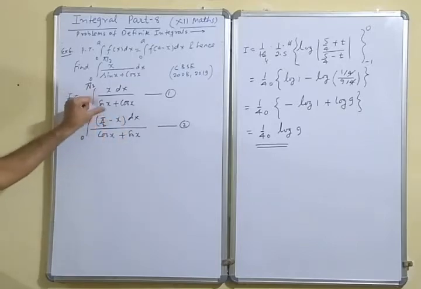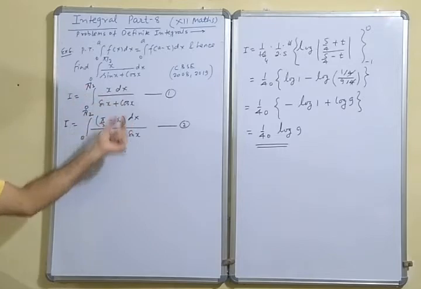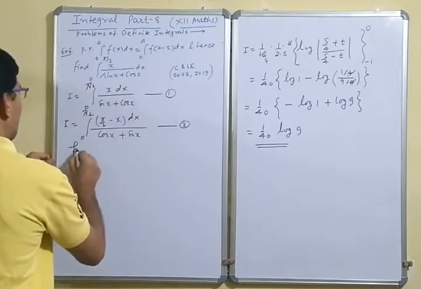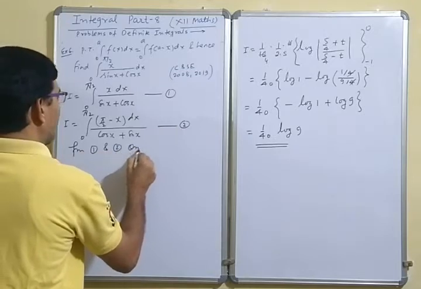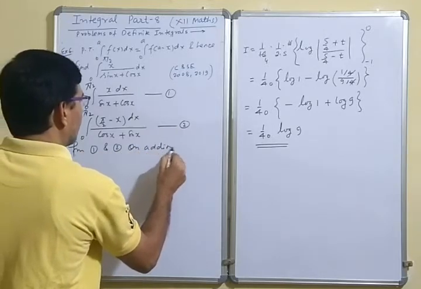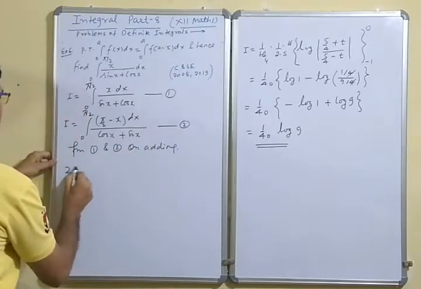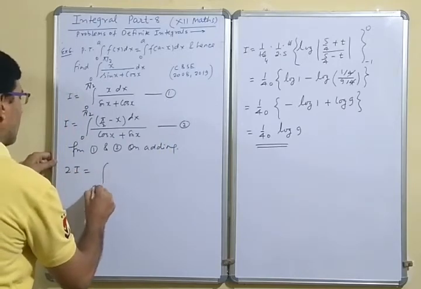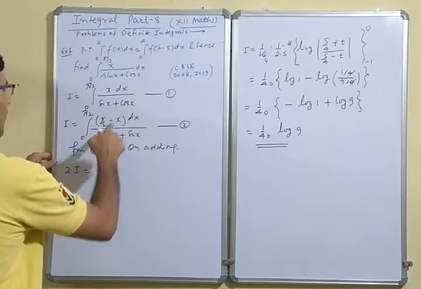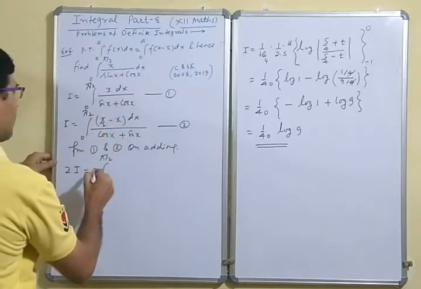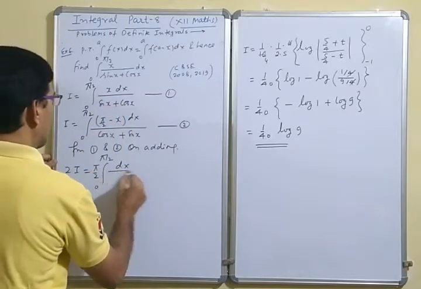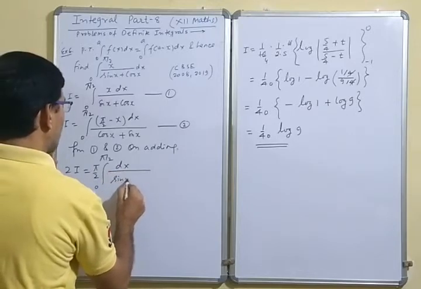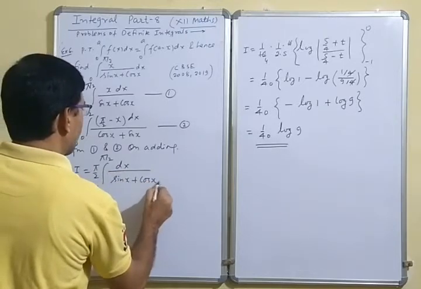In the numerator, if you add these two, x cancels out. So from 1 and 2, on adding, 2I becomes the integral from 0 to pi by 2, x cancels out, so that is pi by 2, take it outside, pi by 2 integration dx upon sin x plus cos x.